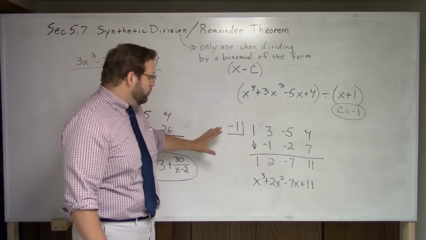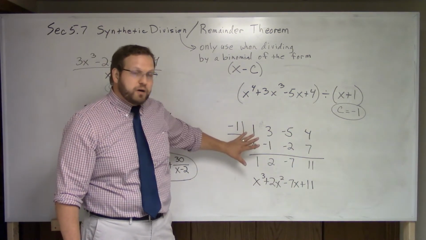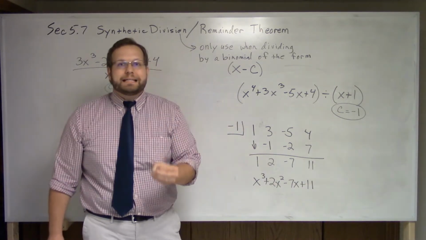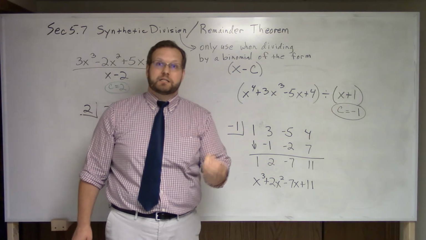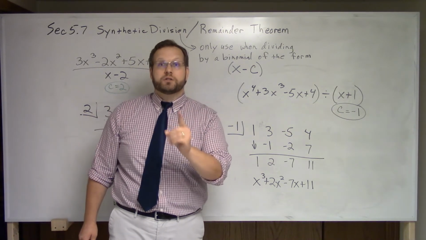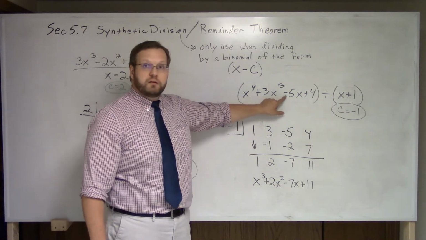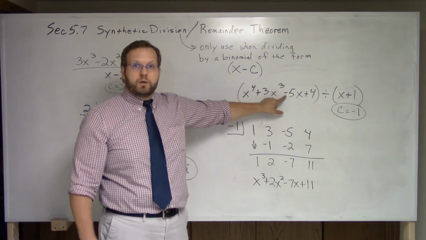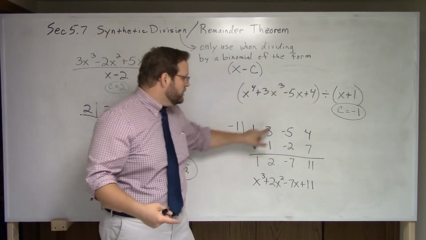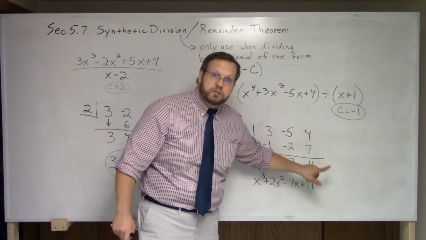Now, notice there was nothing really stopping us in this process until we got to the very end. You should always at least have a spot for a possible remainder. If there's no spot, something's wrong. And what's wrong? Notice we have x to the fourth, x cubed. There's no x squared. When we missed that in long division, we had the x's there to remind us. We don't have that here. But what we do have is a missing remainder spot.